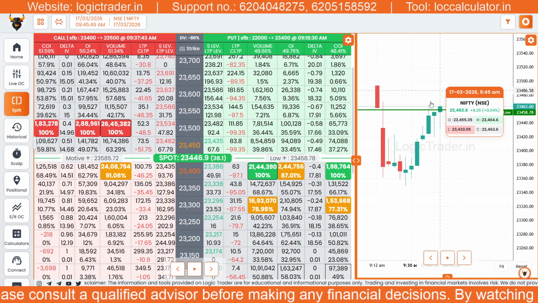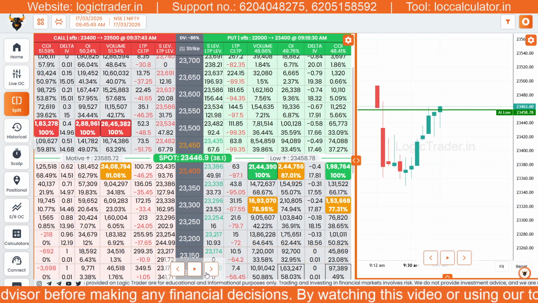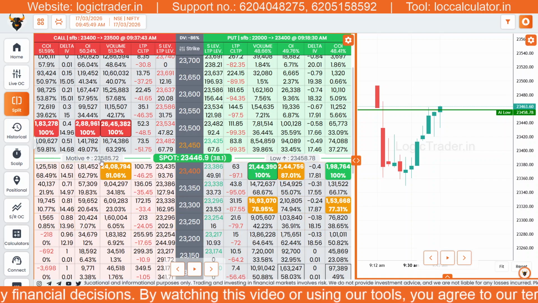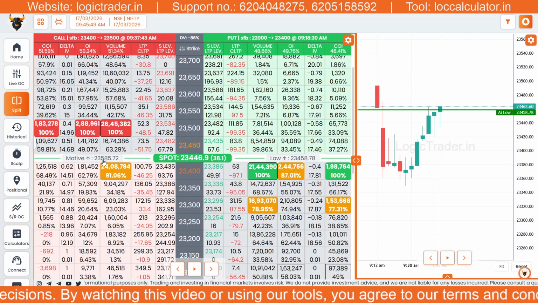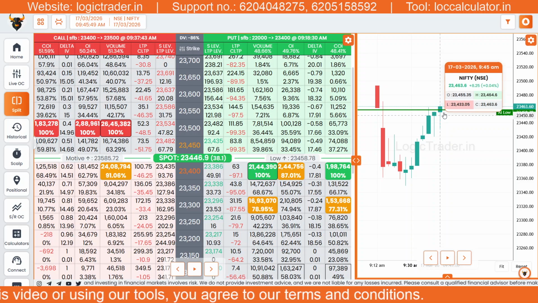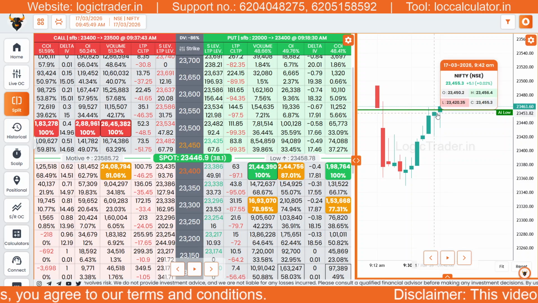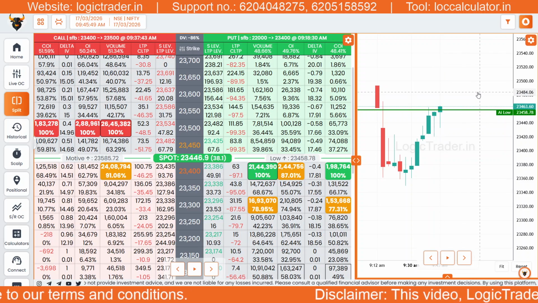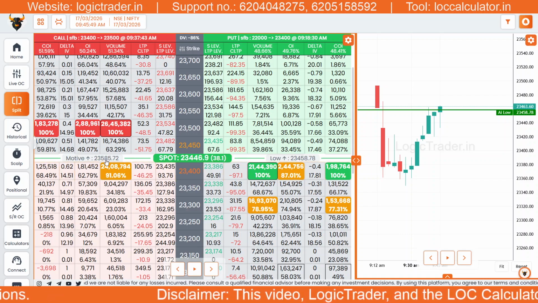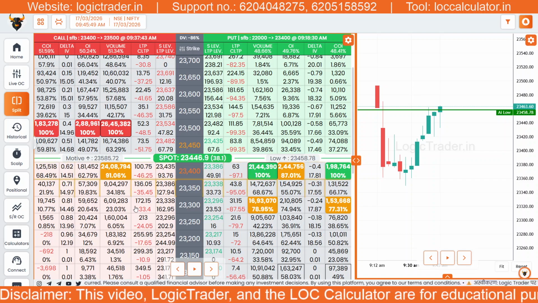Now, if the motive continues to move upward, we can hold the trade for longer. Here, motive has given 23,585. From here, at the Motive AI low, you are buying your trade, and you are holding up to 23,585.